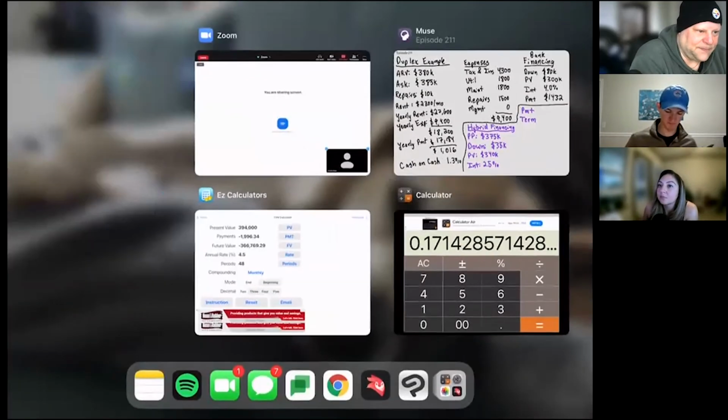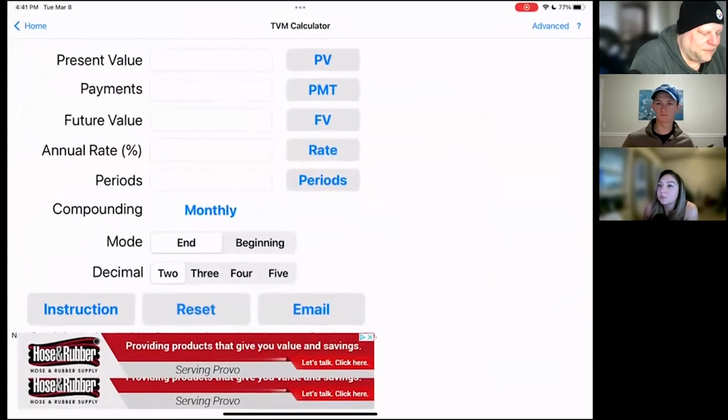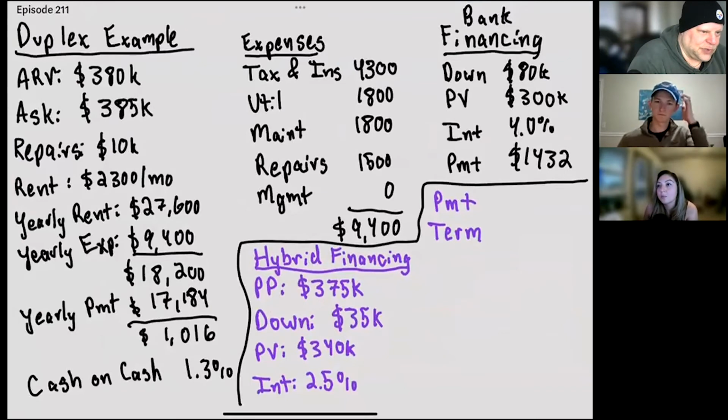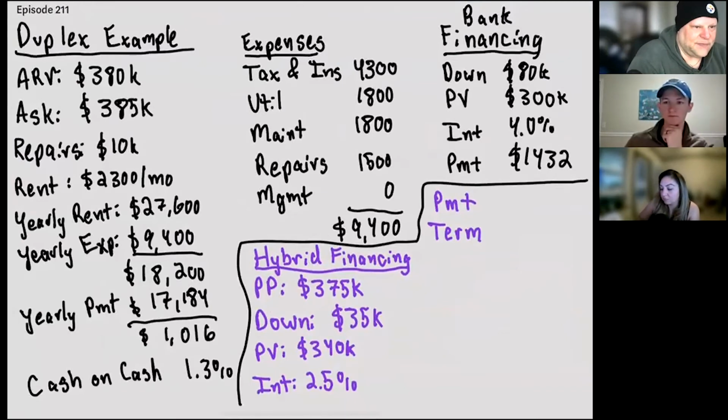Where is it going to put us term wise, so that when it comes time for a balloon payment, we're not totally upside down and we can't refinance this property.